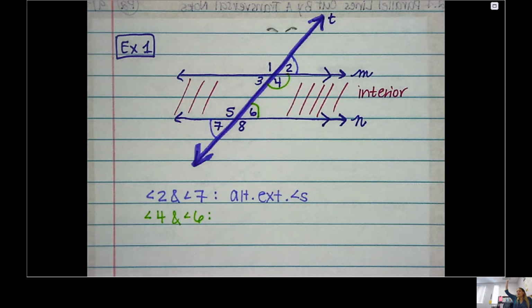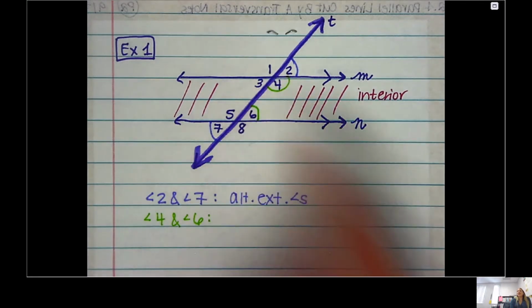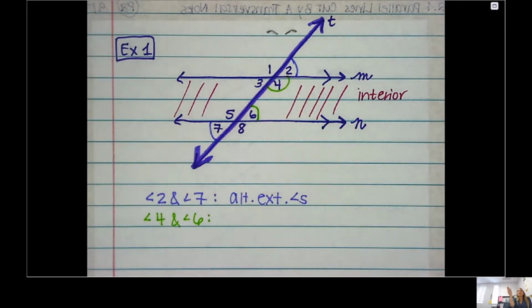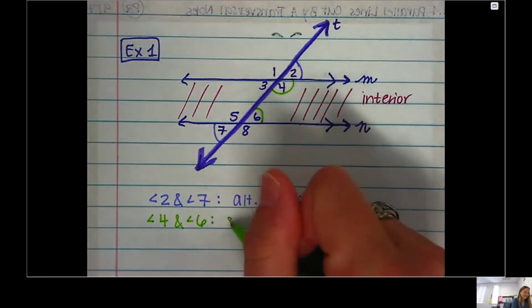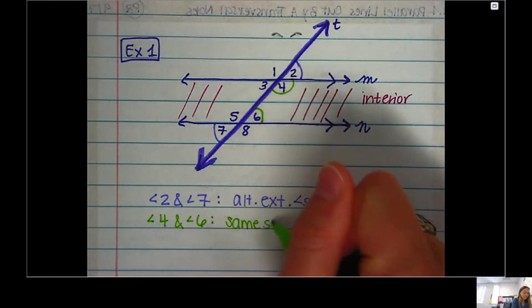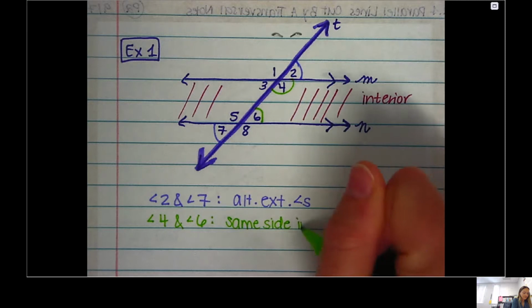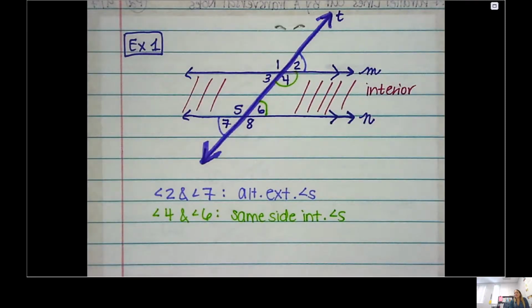Raise your hand if you're still not sure. Good, they're interior. Now, are they on the same side of the purple line or on alternate sides of that purple line? Same side. So what do we call these angles? Same side, interior angles, exactly. Same side, interior angles. Easy peasy, right?